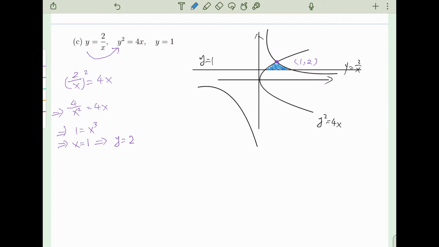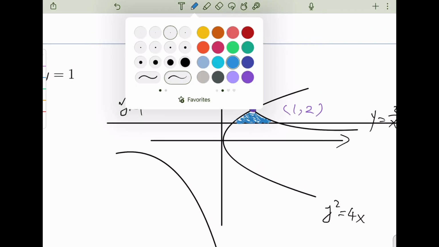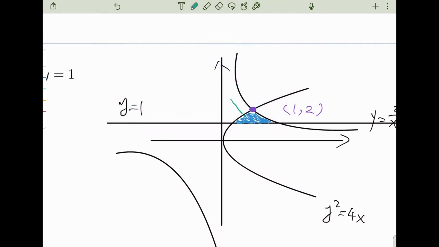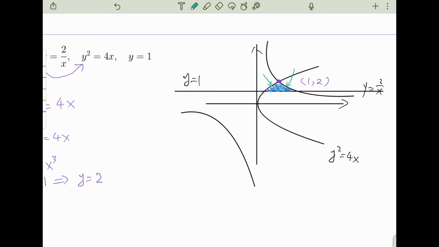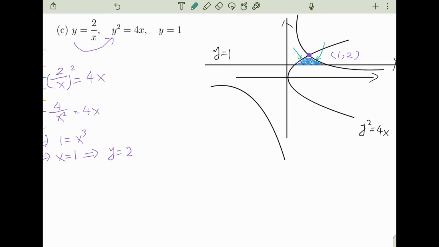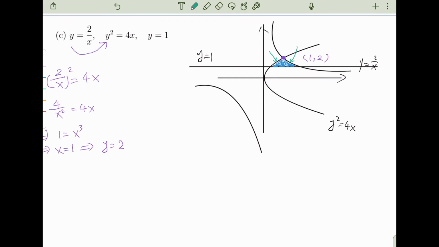Now we need to figure out in terms of which variable we should do the integration. In terms of x or in terms of y? Apparently in terms of y, because if you do that in terms of x, you will need to figure out this function here and this function. They're two different functions, which is technically a piecewise function. You don't want that, so we do the integration in terms of y.